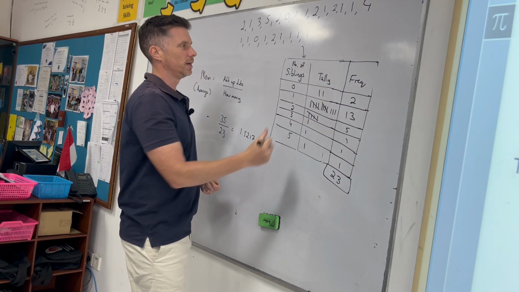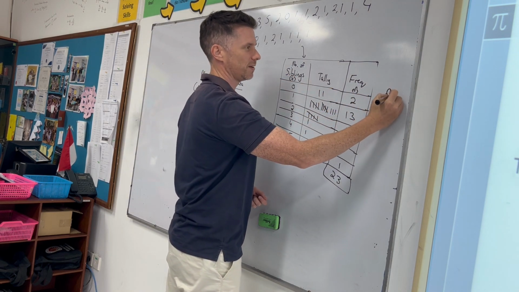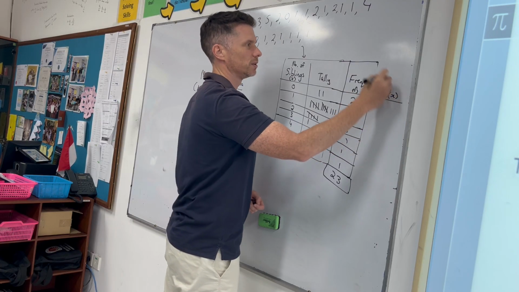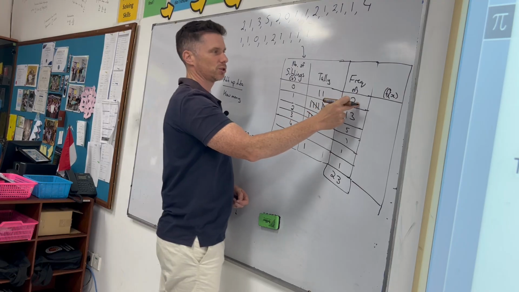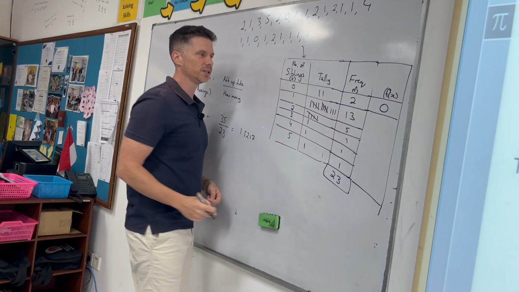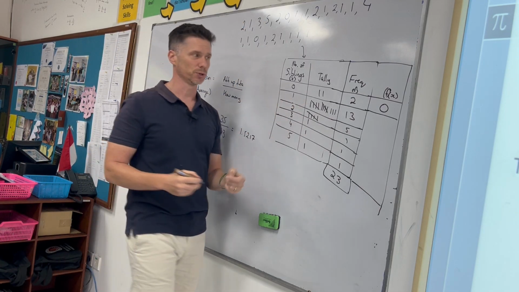and do our, let's call this x and call this f, and then what is f times x? The frequency times each data point. 0 times 2 gives 0. 1 occurs 13 times. So instead of having to add it 13 times, I can just do multiplication, since repeated addition is multiplication.